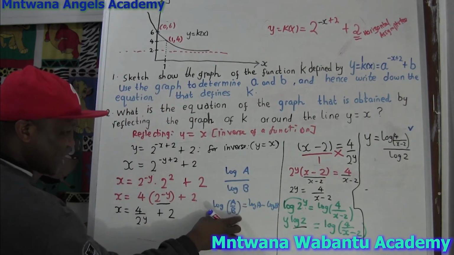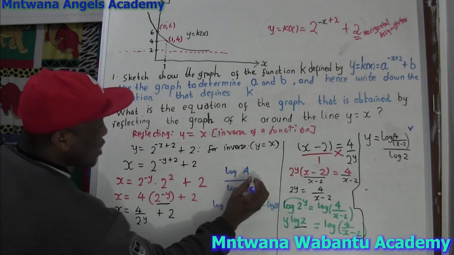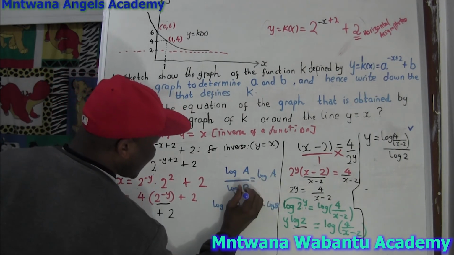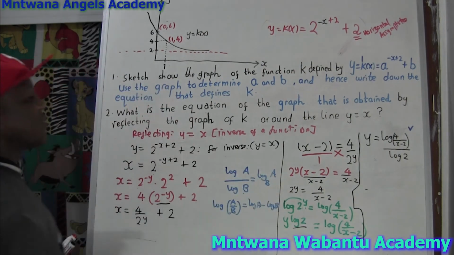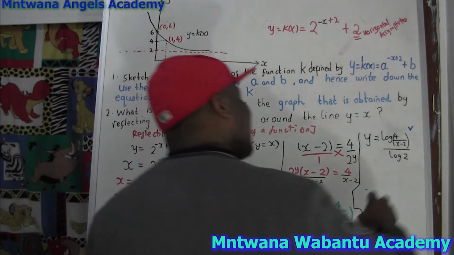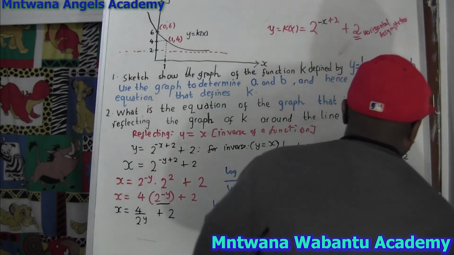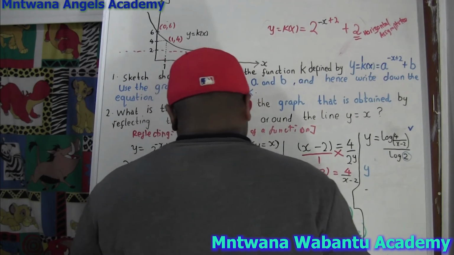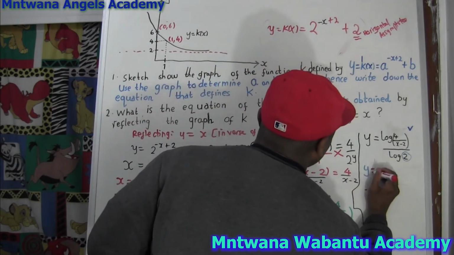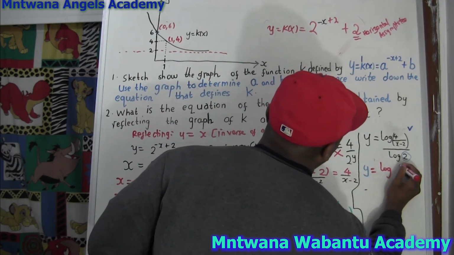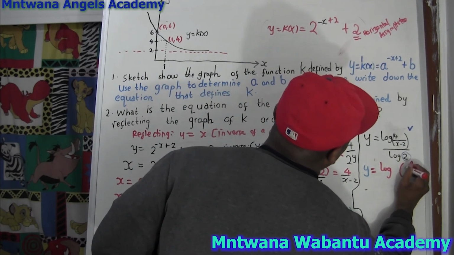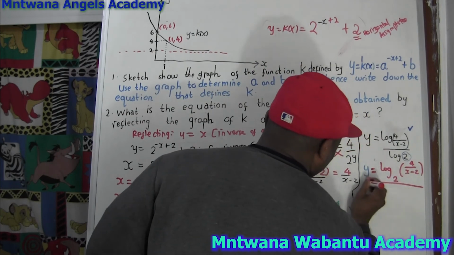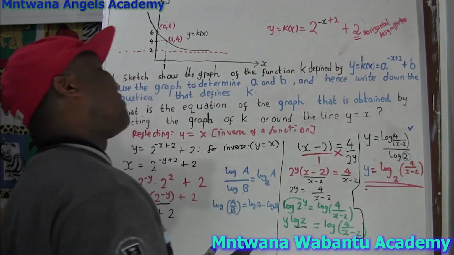Those are two different things. But this, as a division, is mathematically the same as log of a with b put in the base. All this is like an A and this is like a B. So I'm going to say y equal to log of 4 over x minus 2, and this 2 is going to come here as a base. And this could be the most simplified.